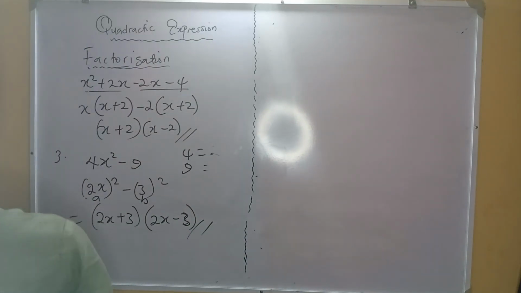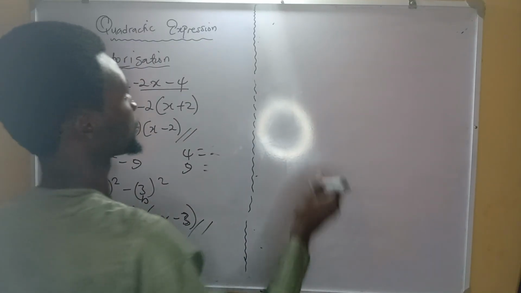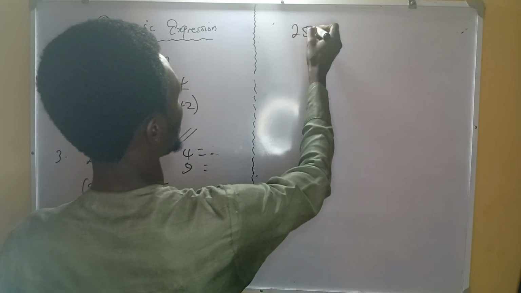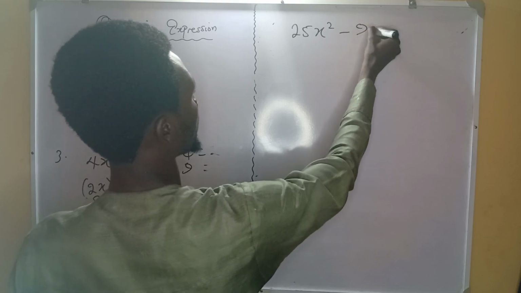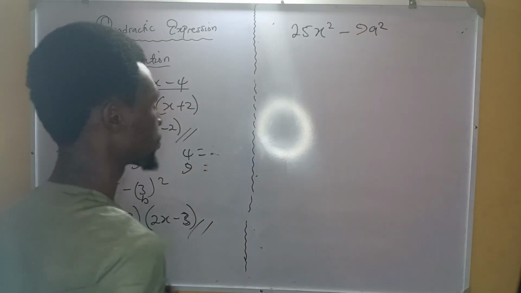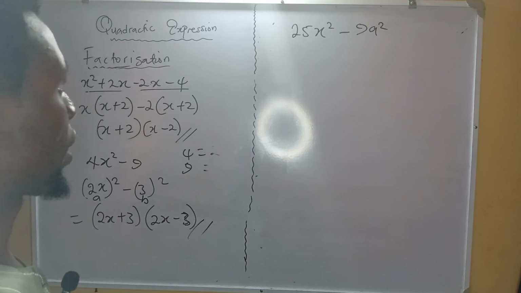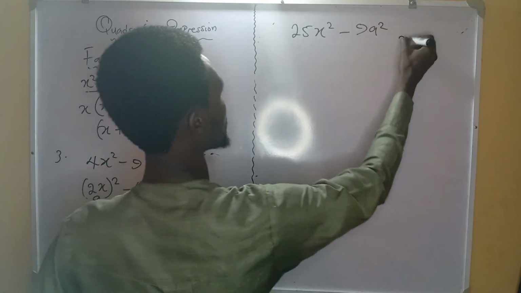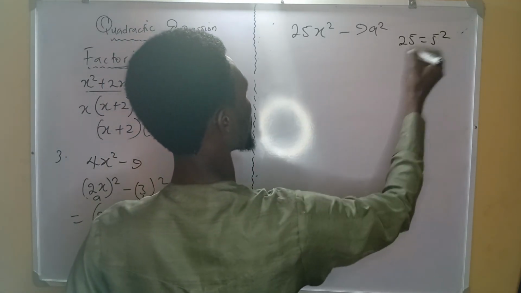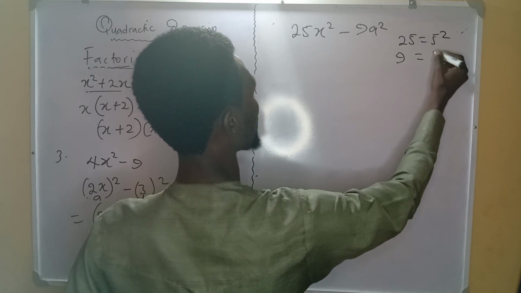What if you are having an expression of this form? 25x squared minus 9a squared. Very simple too. So if you're having this kind of expression, what you still do is you notice that 25 is a perfect square and 9 is a perfect square.